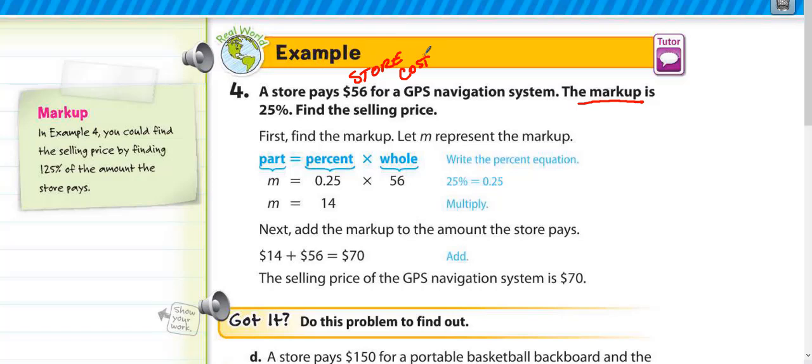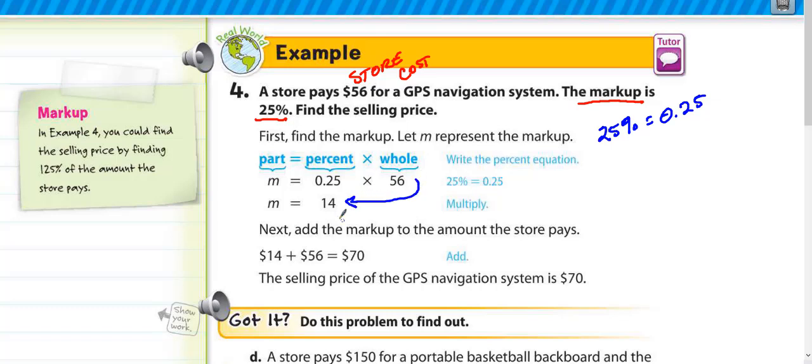It wouldn't make any sense for them to sell it for $56. They need to make a profit. They need to pay their employees. They need to pay their electricity bill. So they have to mark it up. In this case, they're marking it up 25%. So our steps really are the same. Think about what that 25% is going to be as a decimal. That's how they got their 0.25. Multiply it by the cost of the item.